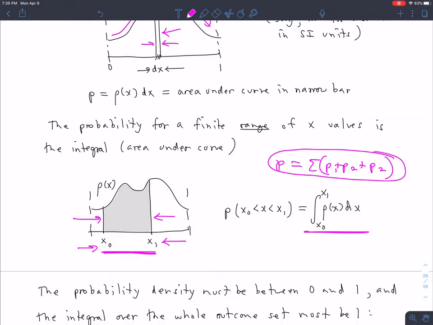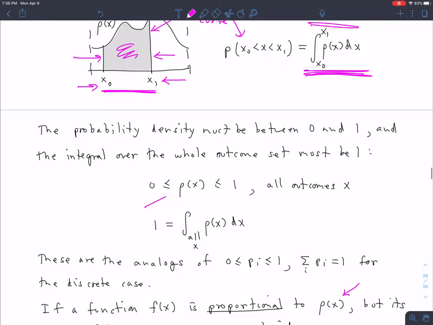Well, you just add up the probabilities. That's all we're doing here. Here's our subset of our outcome space, and we're just adding up all the probabilities in that outcome space. That means integrate under the curve, and this is the area under the curve, right? The area under the curve in this case is the probability of being somewhere in that interval.